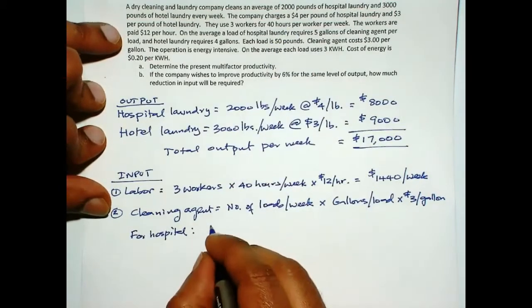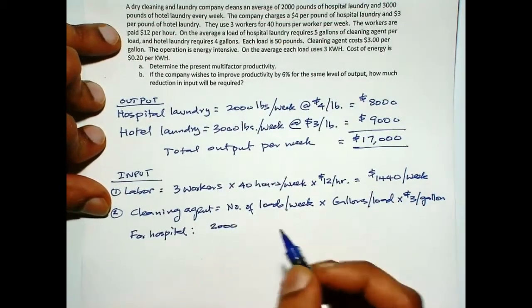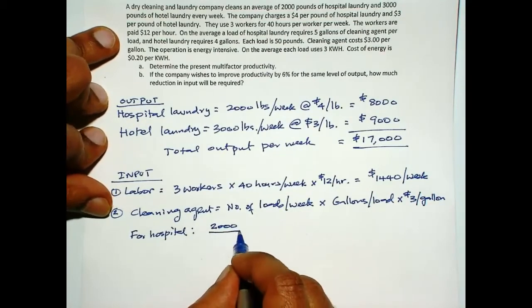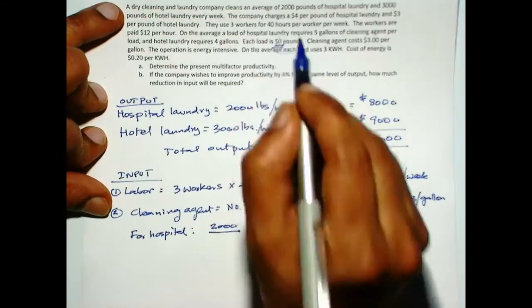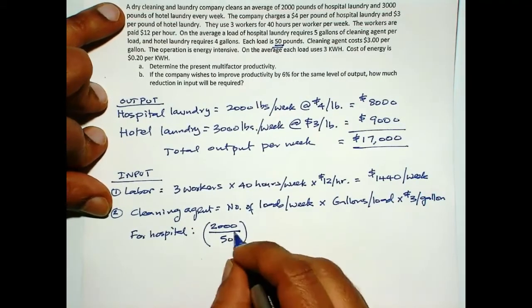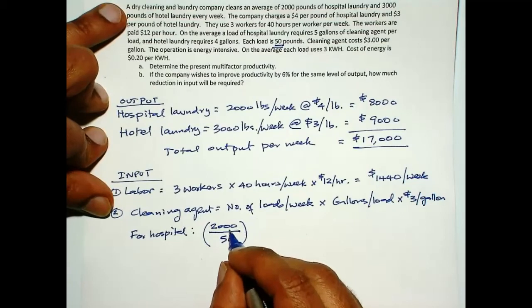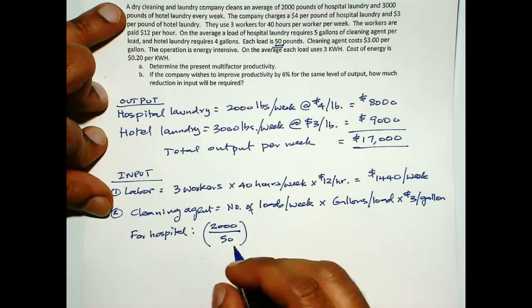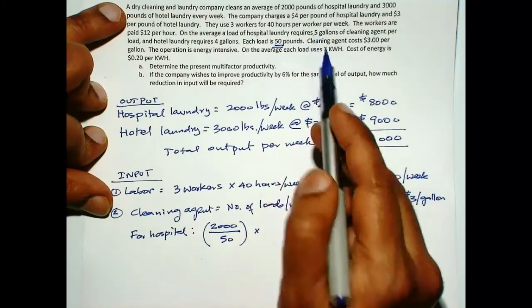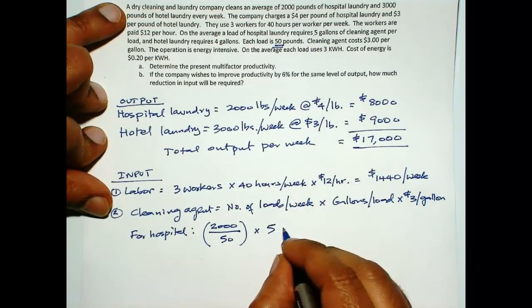So if you divide 2,000 by 50, that will give us the number of loads for hospital. Then times, hospital requires 5 gallons, so it's 5 gallons per load times $3. So that gives you $600.